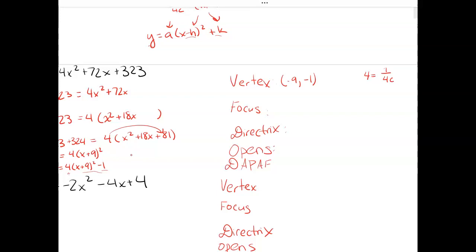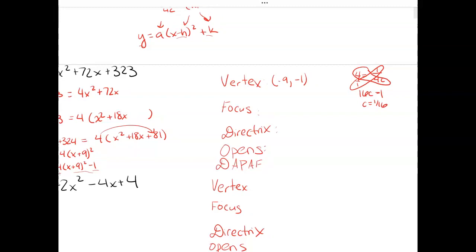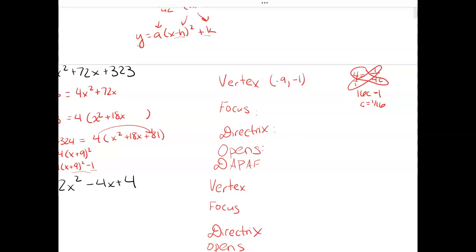Okay, well, I can put that 4 over 1, and then I've got a fraction equaling a fraction, which is called a proportion, and this is the only time that I can use that butterfly method, or cross multiplication as you like to call it, which is just going to give me 16c is equal to 1, otherwise known as c is equal to 1/16. Alright, so that's going to be helpful here in a second.